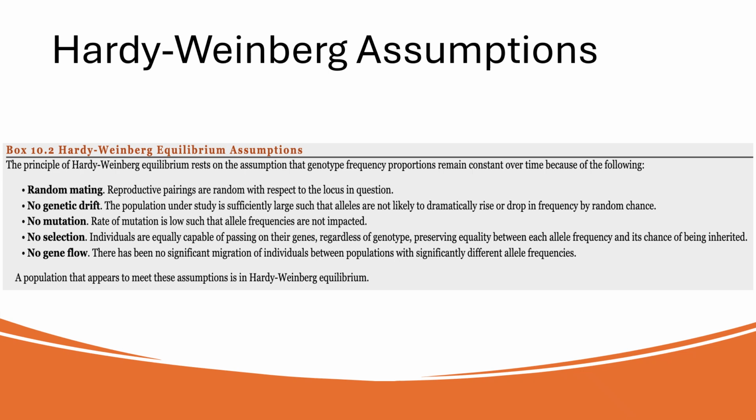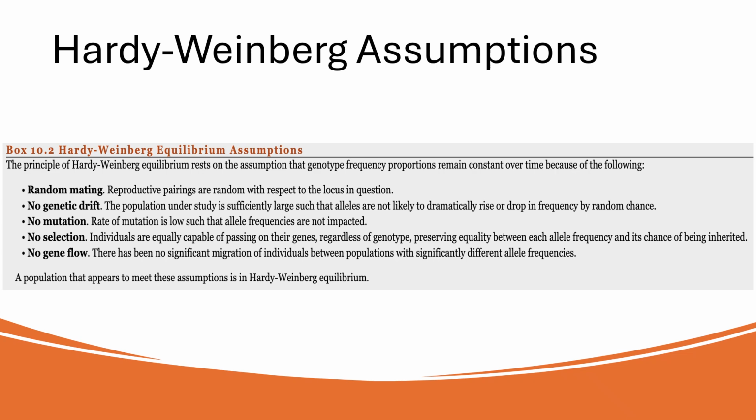This phenomenon, genetic drift, can be avoided if the population under study is large. There should be no mutation. The rate of mutation is low, such that allele frequencies are not impacted. Even if there is a mutation, it's in very small amounts, so it's not affecting the entire population.